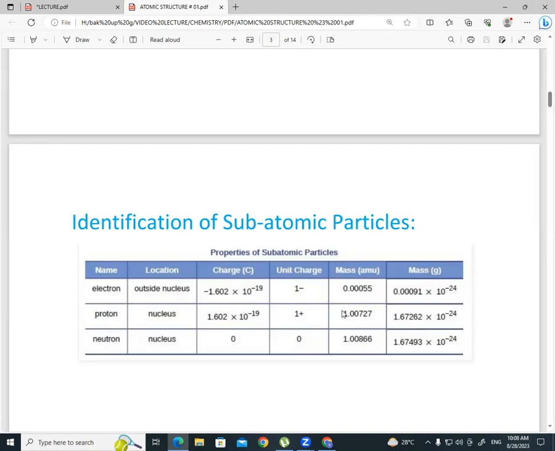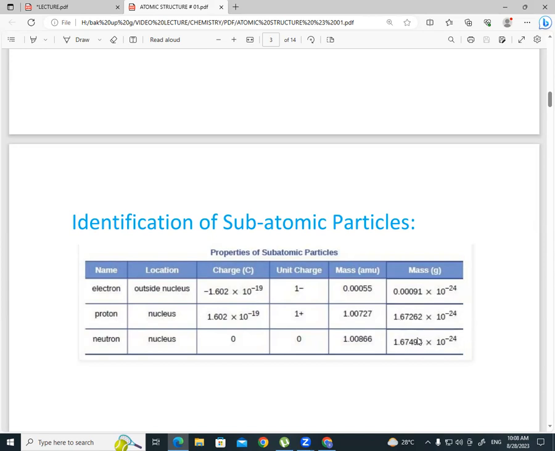Now we talk about the masses of these particles. When we see the masses of these particles, you can see here that the proton and neutron masses are almost equal.